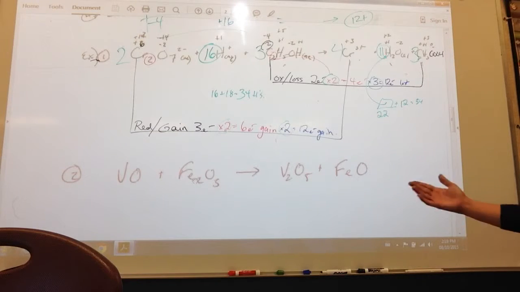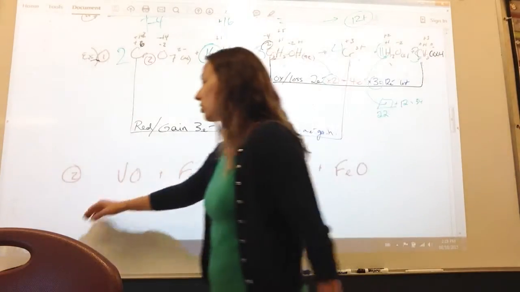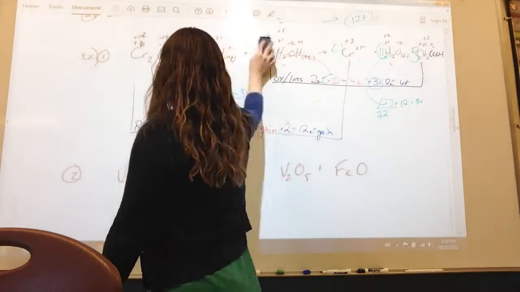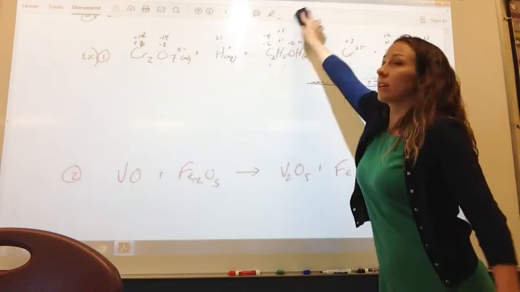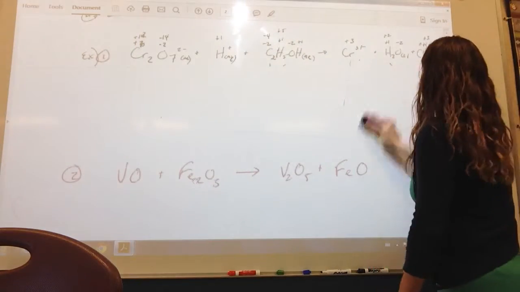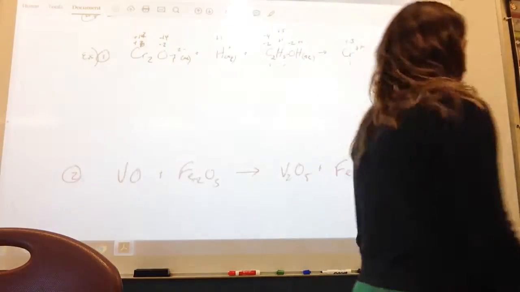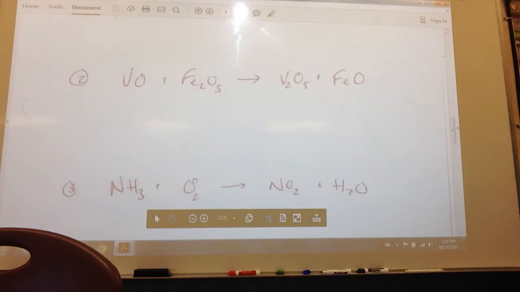Going back to an easy question, number 2 here. Start doing your bridges and oxidation numbers, put your head down and start working, and I will start writing, and you look up when you're ready and see if you've done it right. Gabby, oxidation numbers.